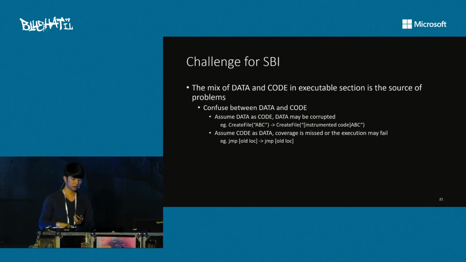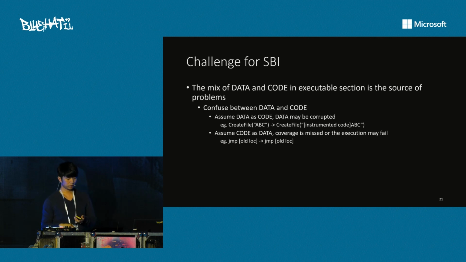After that, the code is instrumented, and actually, it is corrupting the original data. This leads to the incorrect API argument, and the different behavior between the original one and the updated binary.